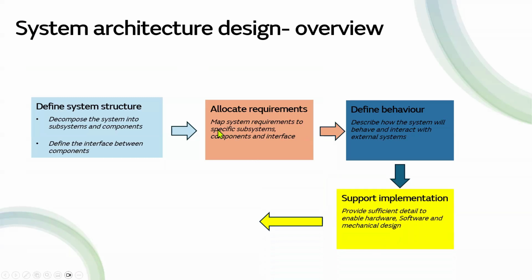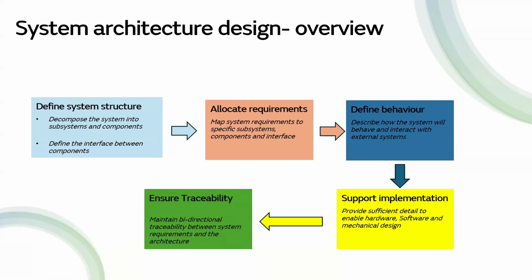You know all the requirements. Now, how do I allocate? So the allocation of those requirements to subsystems, and you need to provide sufficient detail so that you can start to categorize hardware, software, and some mechanical design.